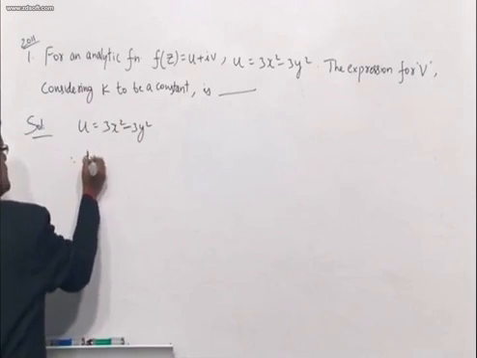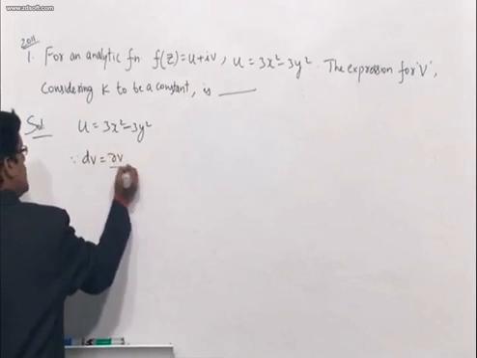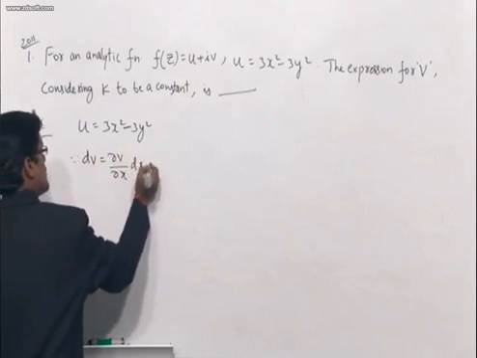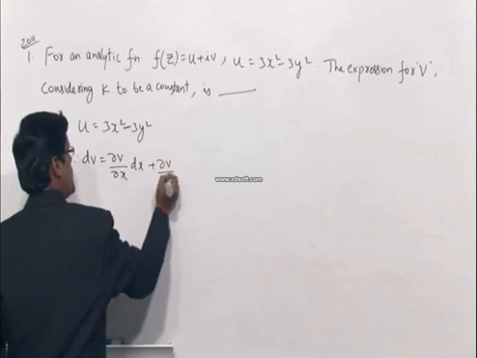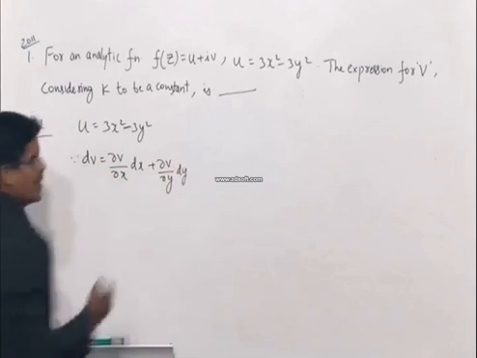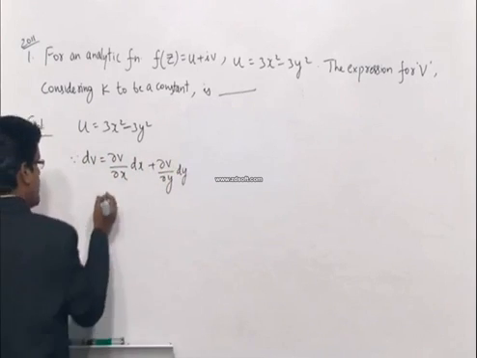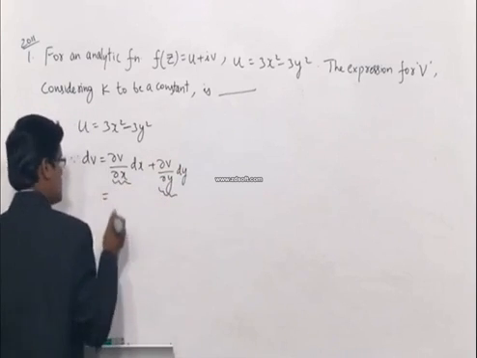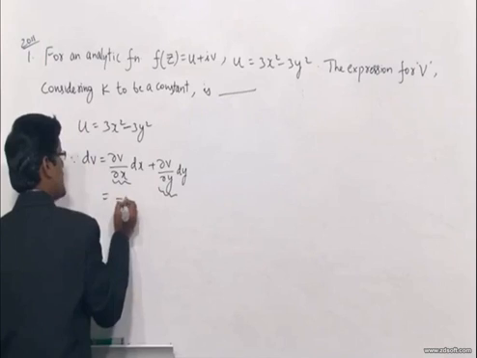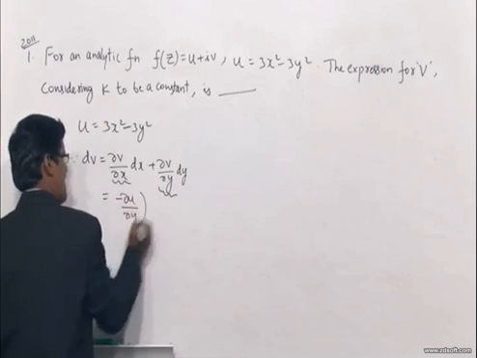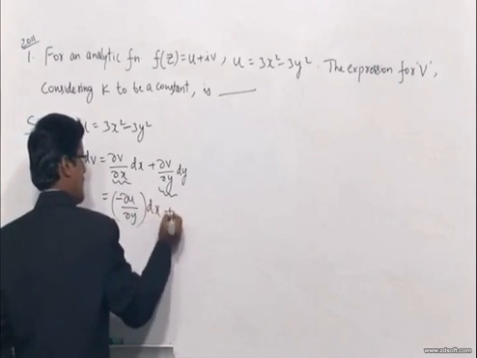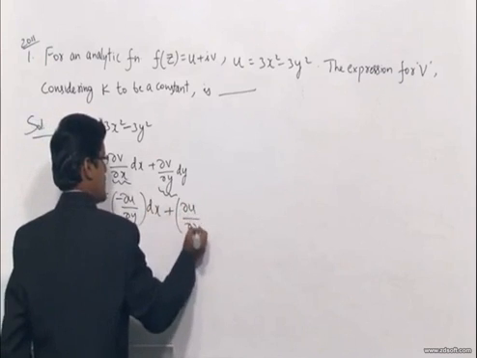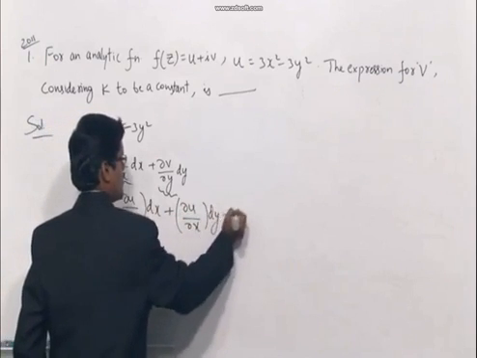Since dv is equal to dou v by dou x dx plus dou v by dou y into dy. Using CR equations, because we are going to find v, change these terms into CR equations: minus dou u by dou y into dx plus dou u by dou x into dy.